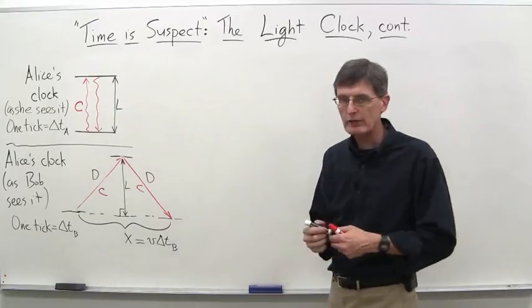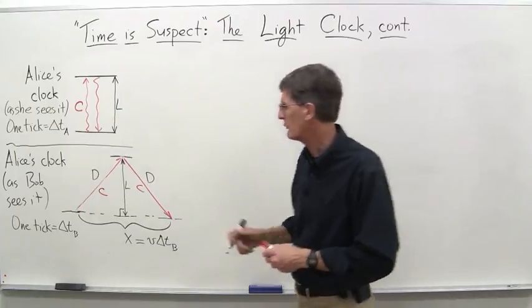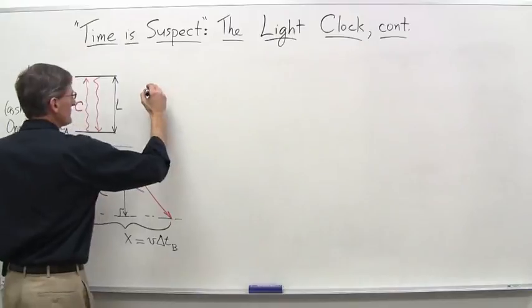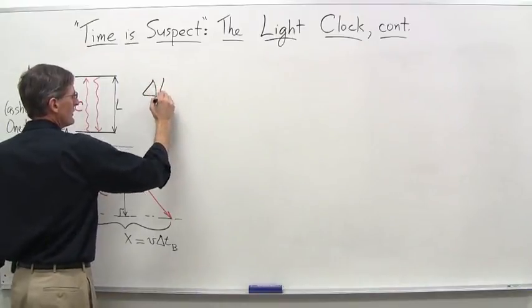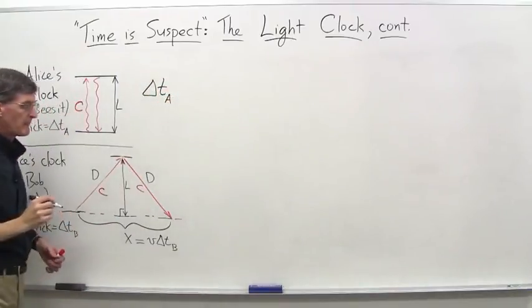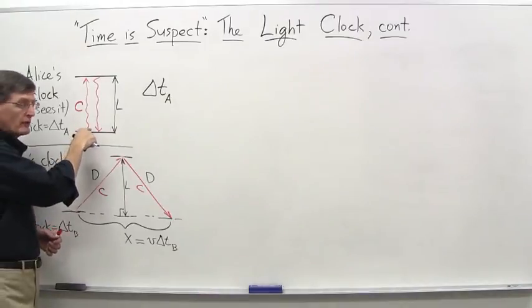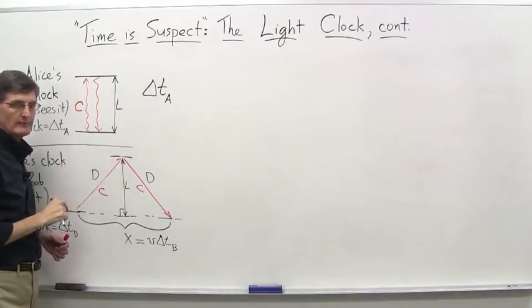In fact, let's write an equation then for delta T sub A that we can do here. So delta T sub A is going to be the travel time up and back down again.